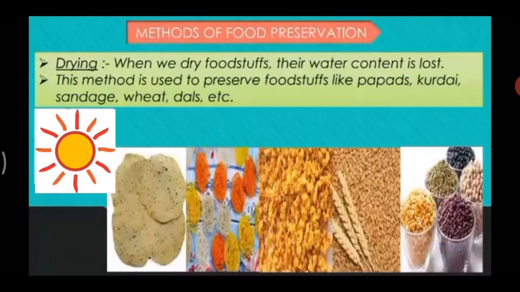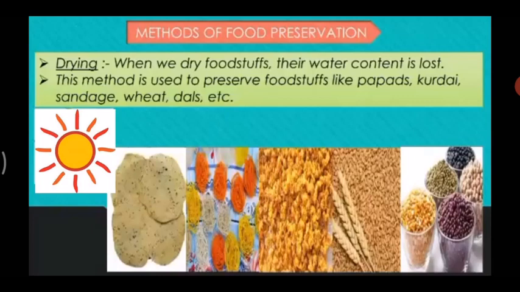Okay. So the first method is drying. Now you know that the sun gives us heat, light, brightness, and so on. And it provides us a source of energy also.